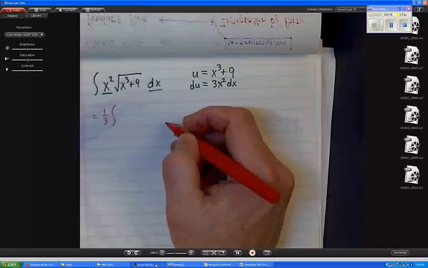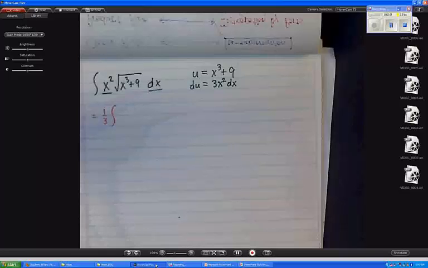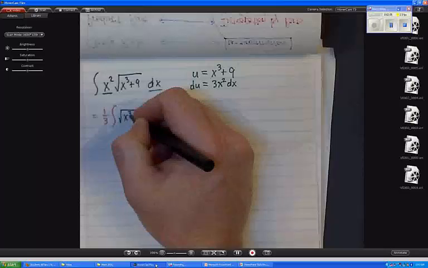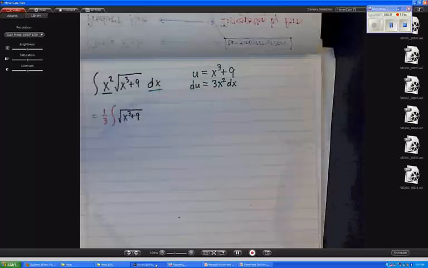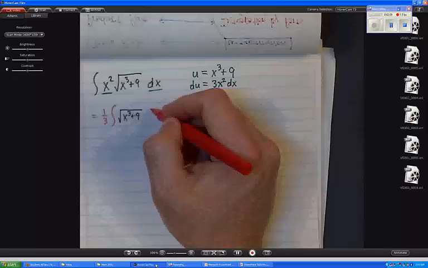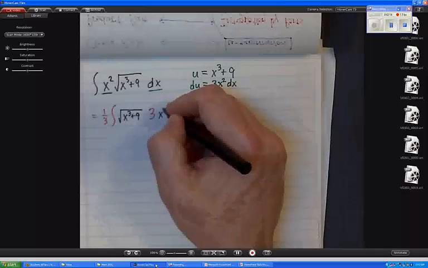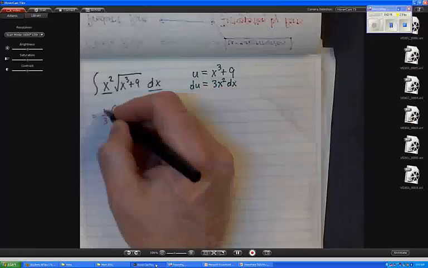So what I'll have is the square root of x cubed plus 9, and then I'll have my 3, and then I'll have my x squared dx that I already have. Does that make sense to people?